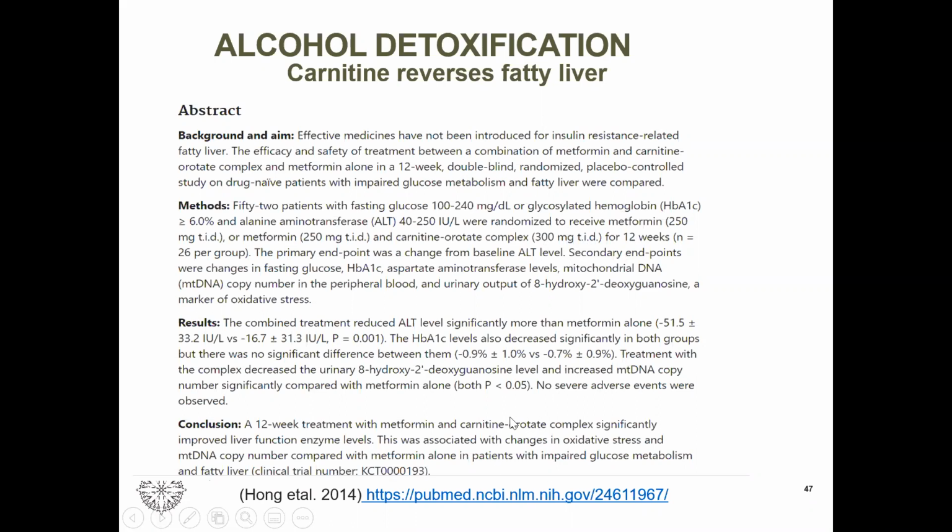So just trying to get that point across, that carnitine, remember, for supporting any client with alcohol detoxification.